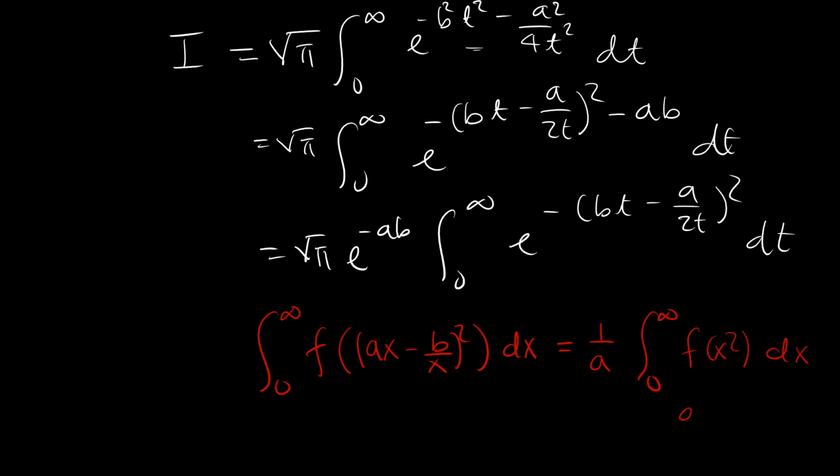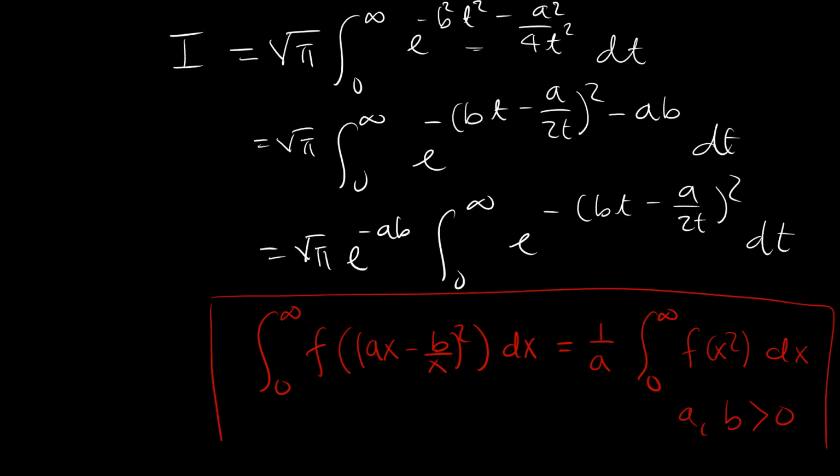And this happens when a and b are greater than 0. So we're going to use that. And it's important for us to note that in our integral there, ab is actually a.